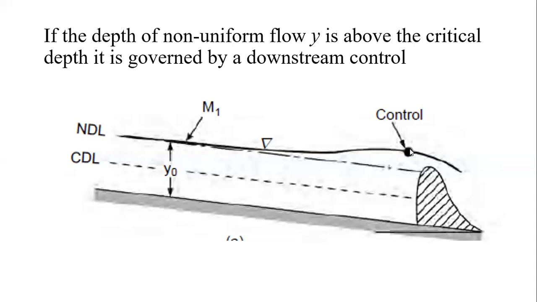It means that this is nothing but the control point. Whereas if we look towards the upstream end, there is an M1 shown here. Here we find that for a very long length the water surface is going to intermingle with the normal depth level.